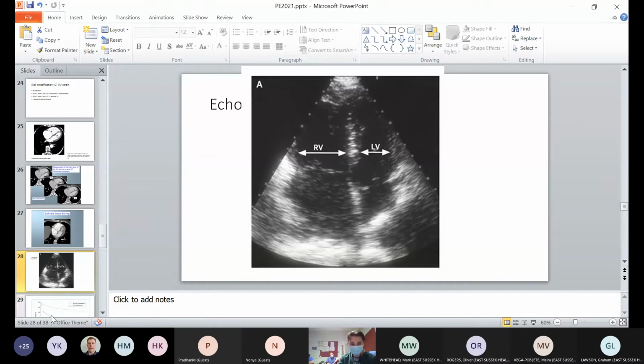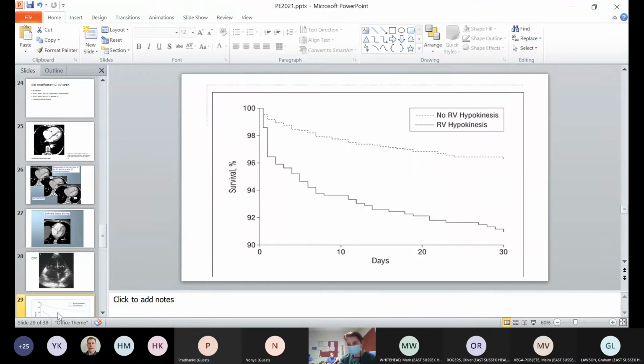Why I'm talking about the right ventricle and its strain is because that is a prognostic factor for the survival of patients. As you can see, people with a subclinical PE, with no evidence of right ventricular failure, their prognosis is quite good. But for people who have any evidence of right ventricular failure, 30-day mortality is significantly higher.